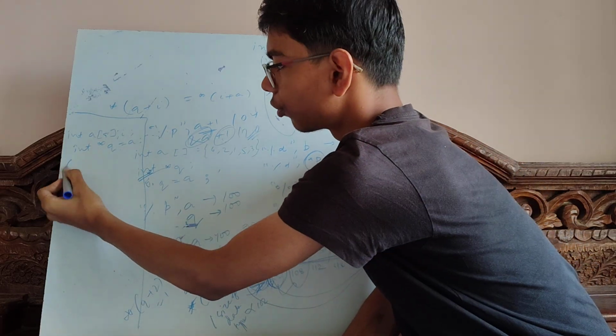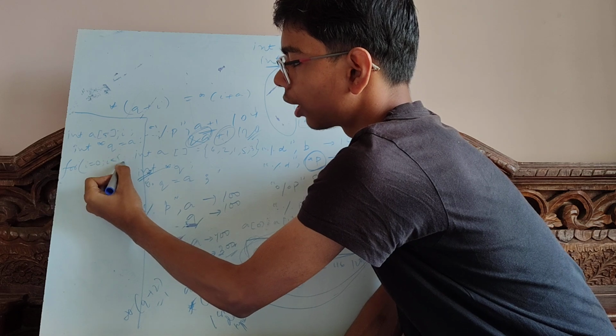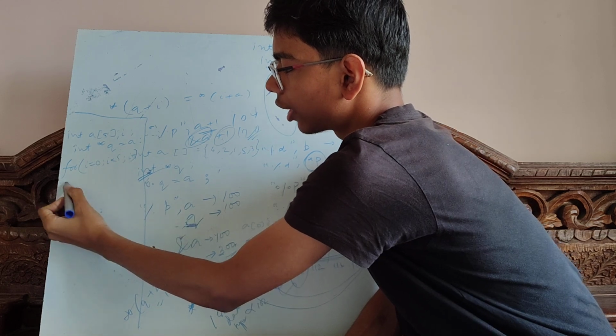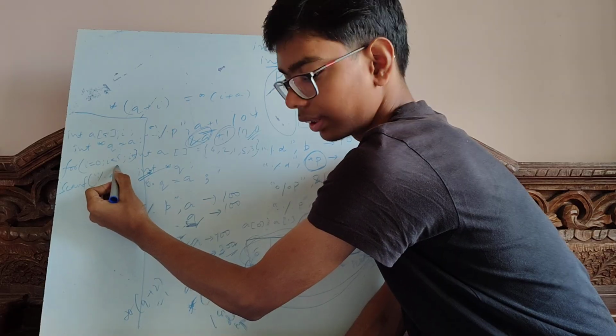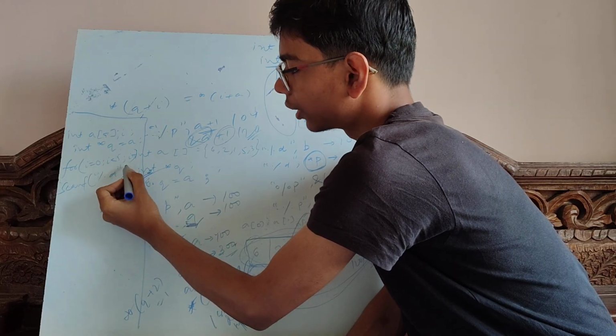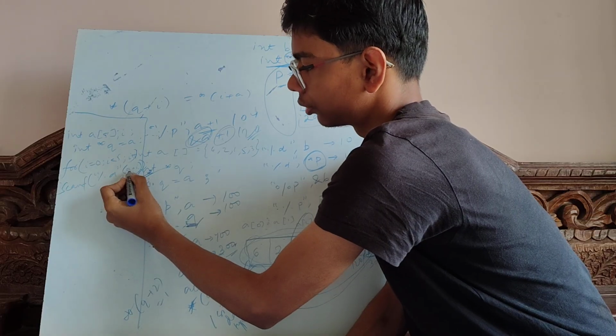Then I will start a for loop from i equal to 0, i less than 5, i plus plus, and here I will write scanf percentage d, and here a plus i, right?